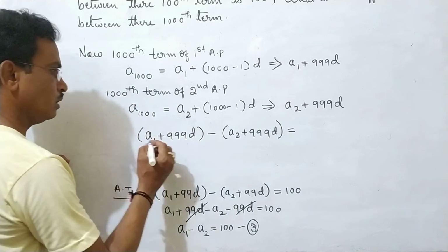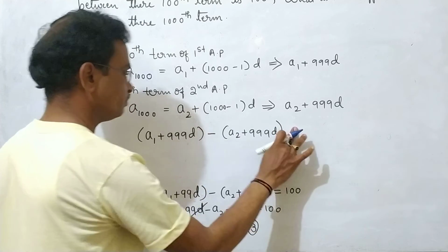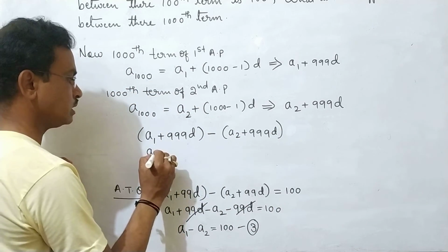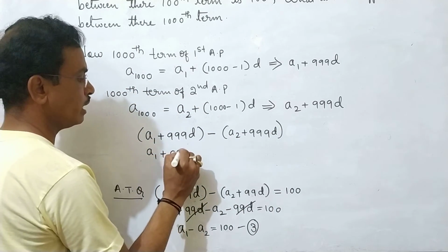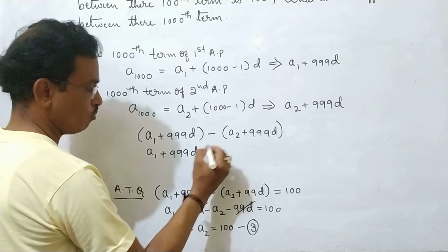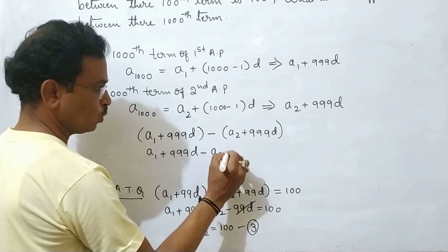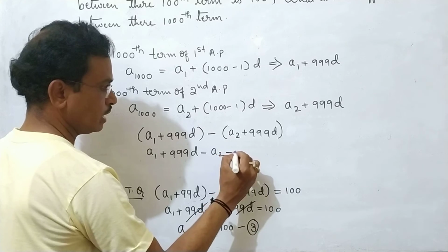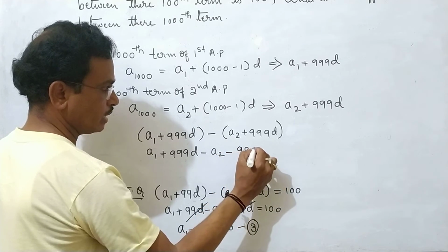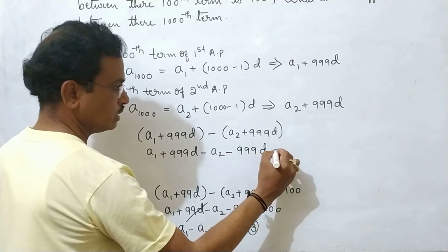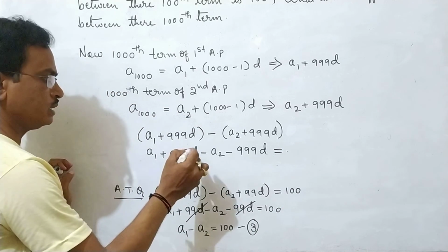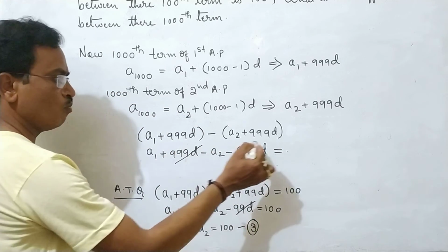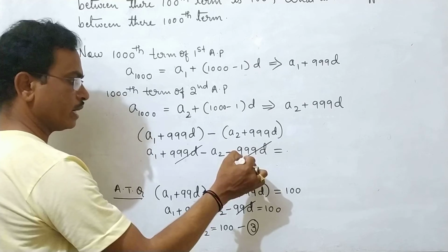A1 as it is plus 999D minus A2, minus into plus becomes minus 999D. Plus 999D minus 999D get cancelled.